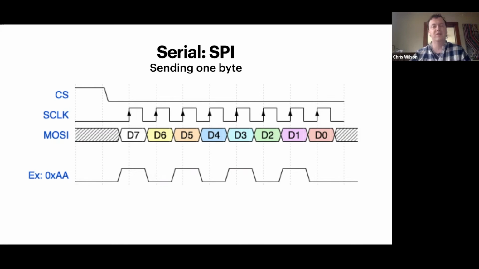And if the bit is high on that MOSI line, then it's a 1. And if it's low there, it will be a 0. And so this is what it would look like sending the byte 0xAA, which would just be 10101010. And so SPI is good for high speed connections.